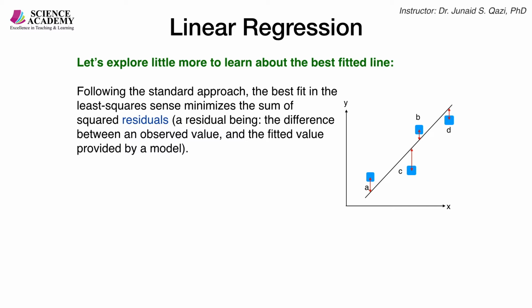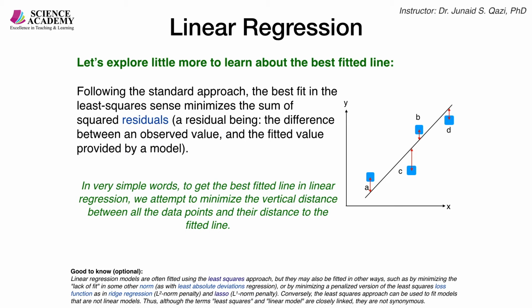If we follow the standard approach, the best fit in the least square sense minimizes the sum of squared residuals. Residuals are the difference between the observed values and the fitted values provided by the model.